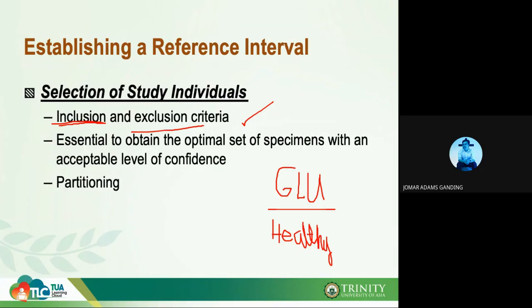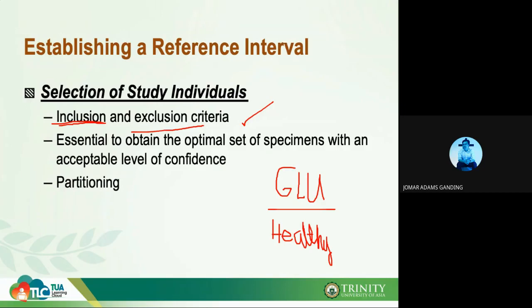You would want to get the population that has a normal level of glucose.